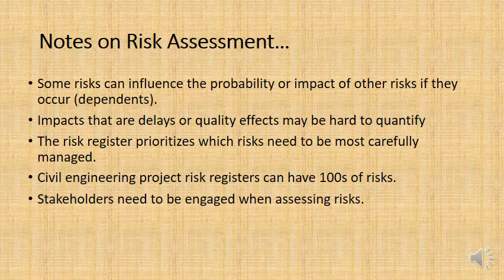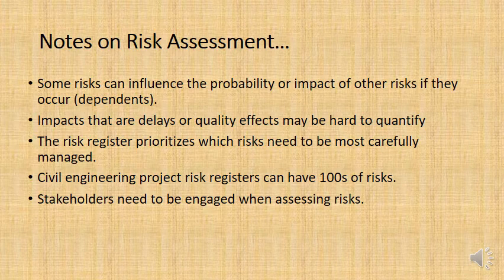If a risk is way down on the list and it's risk number 283, you're not going to invest as much time into trying to manage that risk as risk 1, 2, and 3. Remember that this example I've given you with 6 risks is piddly.